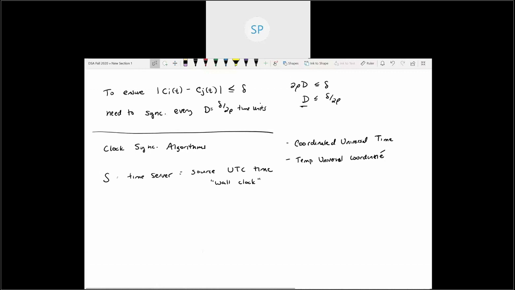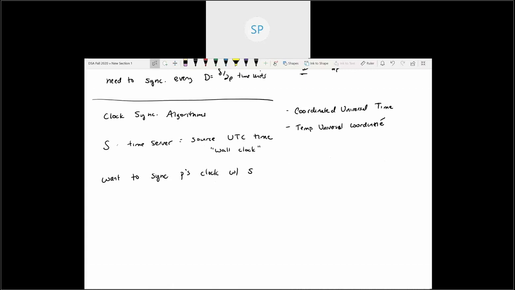Okay. So we want to sync some process Pi's clock with whatever S's clock. This is our goal. And we have two ways to go about this. The first is called a push protocol, where you have the server and the process Pi, and periodically the server just tells the process what time it is.